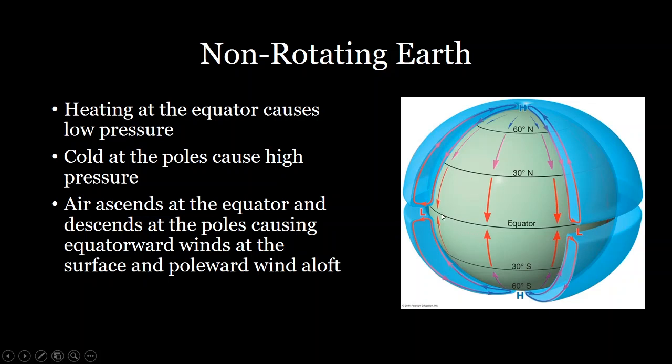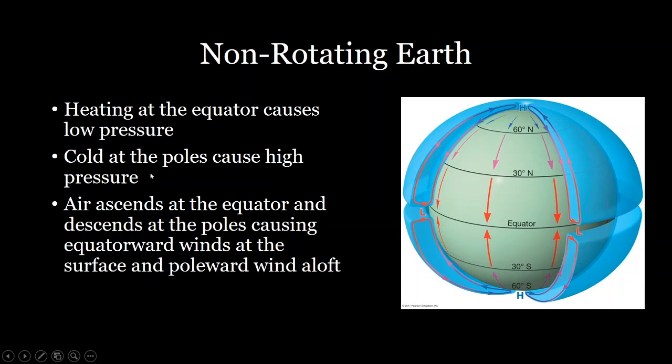That expanding atmosphere would rise, as you see here, and then be pushed out in the upper atmosphere towards the poles, and it would be drawn in the lower atmosphere towards the equator.